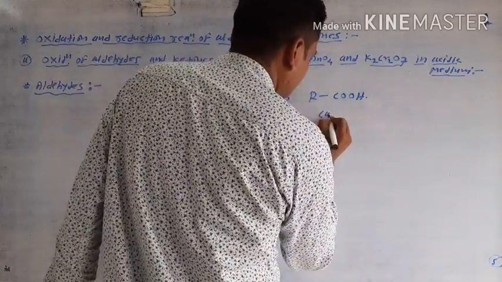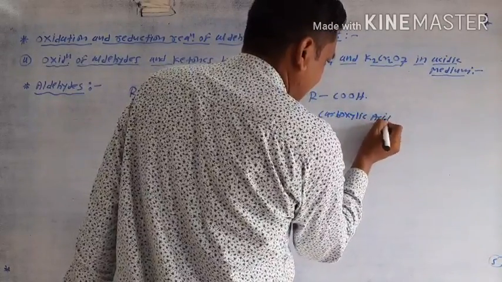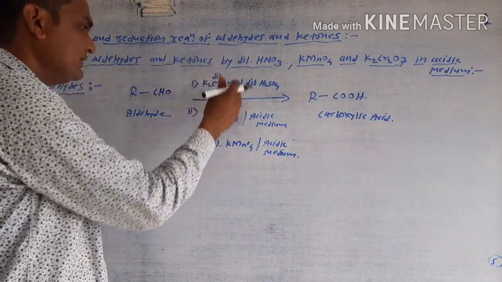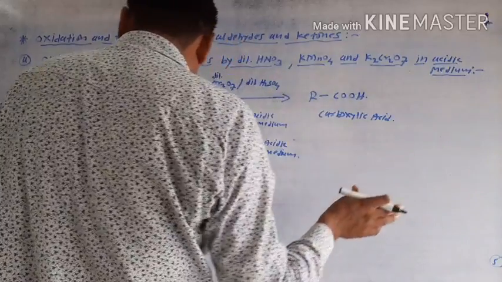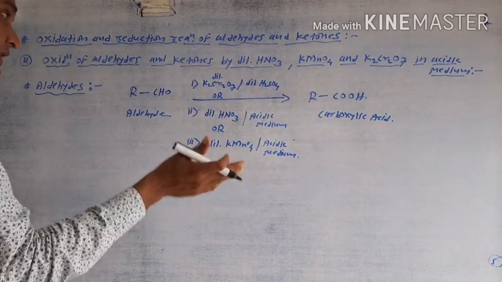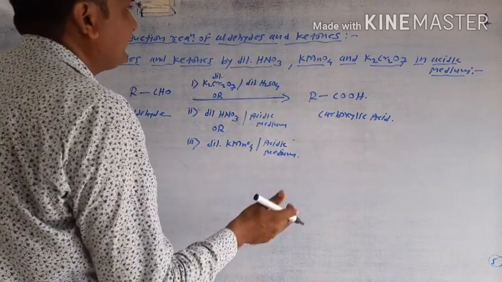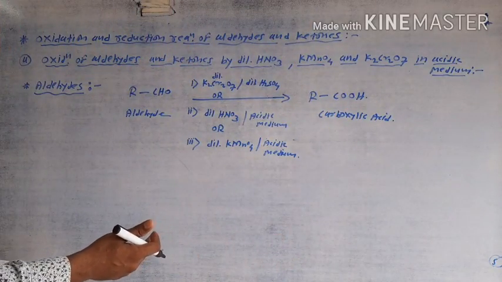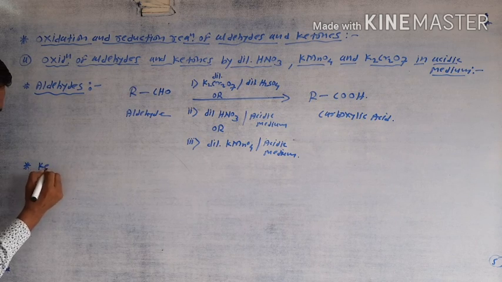Any type of aldehyde reacting with these reagents gives the corresponding acid, and this overall reaction is called the oxidation of aldehydes by dilute nitric acid, KMnO4, or K2Cr2O7 in acidic medium.